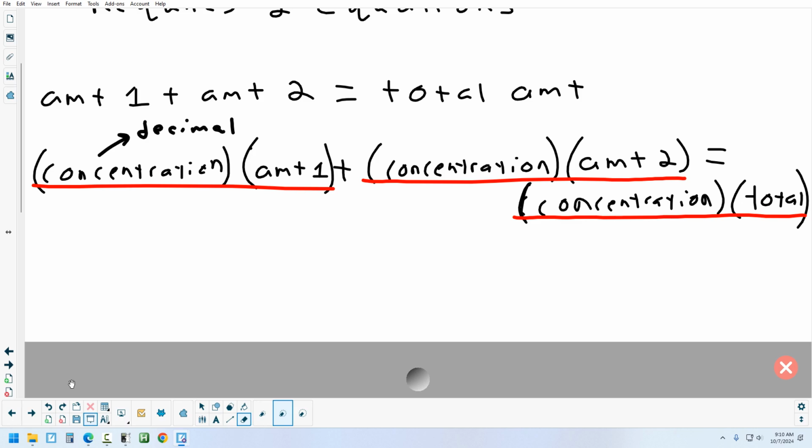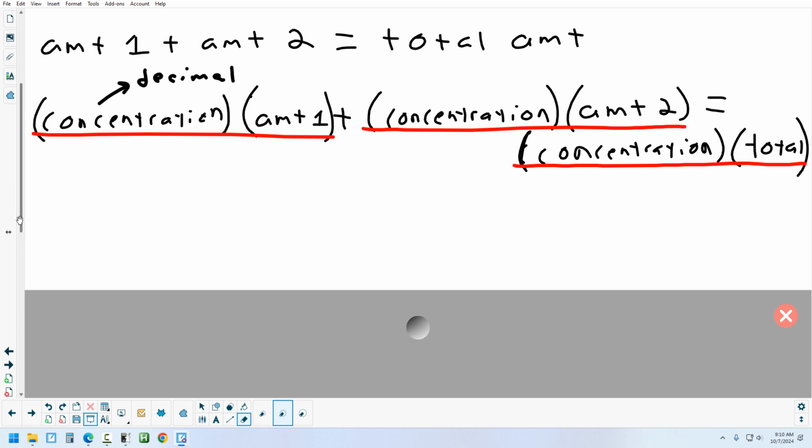What this is going to result in is a system of equations. A system of equations means you have two equations, and each equation has two letters. There are different ways we can solve systems, but we're going to use substitution. Do people remember substitution a little bit? Okay, we're going to do substitution when we get to that step.